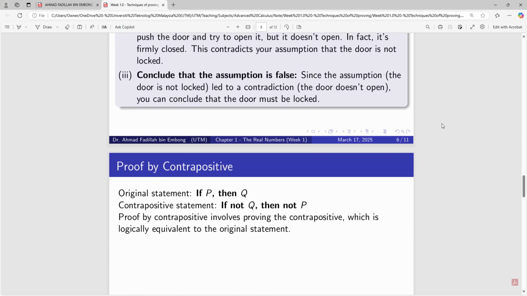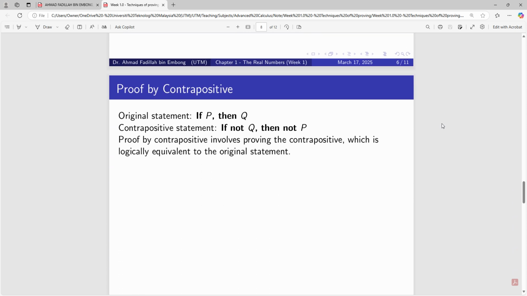Okay, so next one is proof by contrapositive. So to prove by contrapositive, let's say that we are given the original statement: if P then Q, and the contrapositive is that if not Q then not P. So basically these two statements, the original statement and the contrapositive statement, are equivalent.